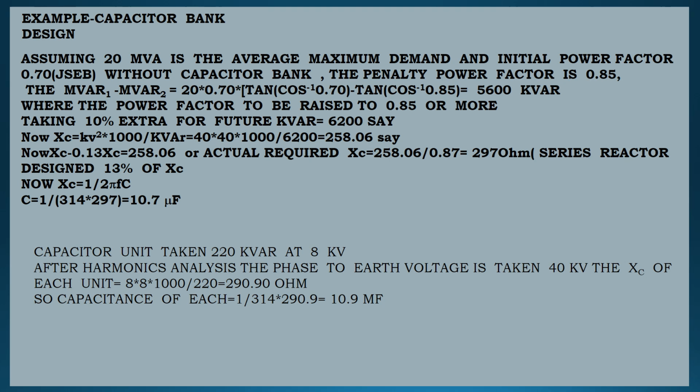Now, how many parallel strings will come can be calculated from the resultant capacitance, and it has been seen that the number of parallel paths will also be 5. Then the required capacitance we can achieve. Let's see how.